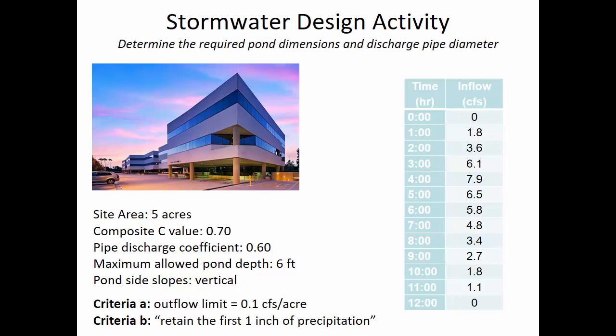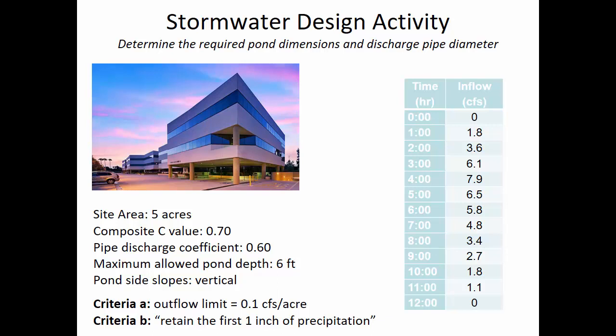The fifth column, column E, is going to be the pond water level depth in feet. Column F would be our depth to orifice centroid. In other words, that's the H parameter, and that's also in feet.